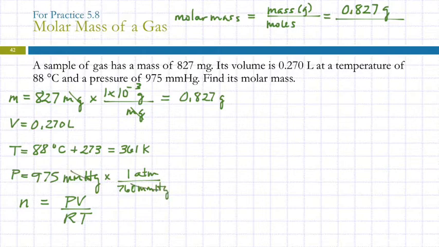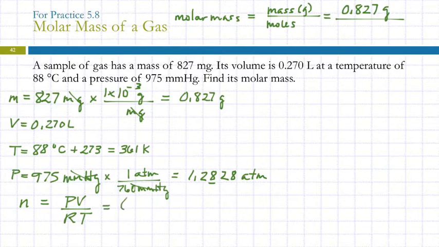We just use that one over and over and over again. So 1.2828 atmospheres. So now I have volume, temperature, pressure in the correct units.